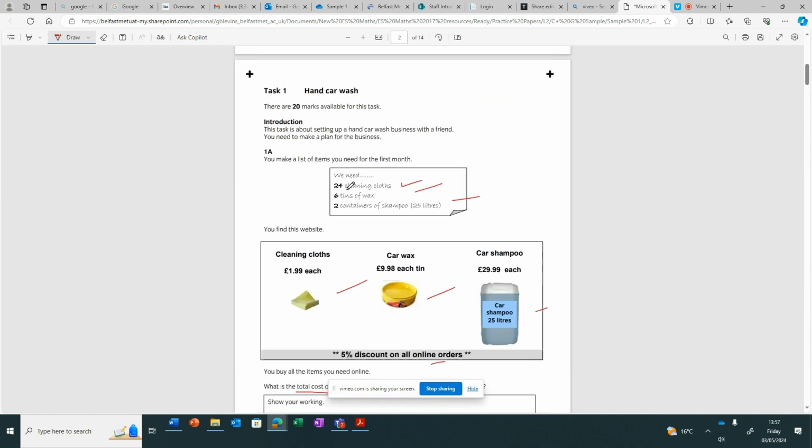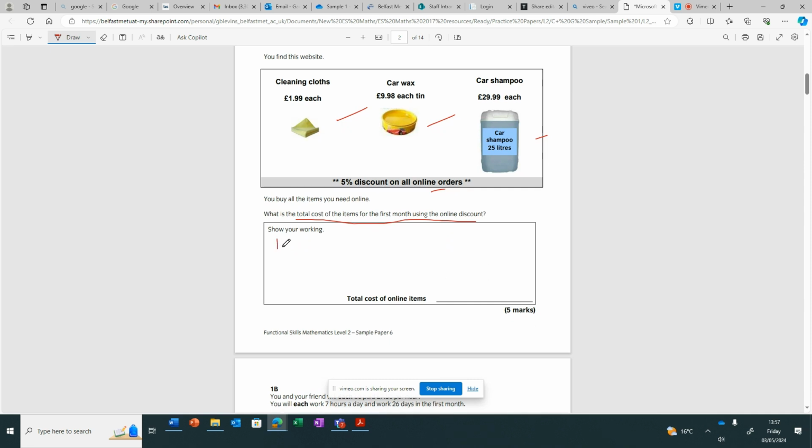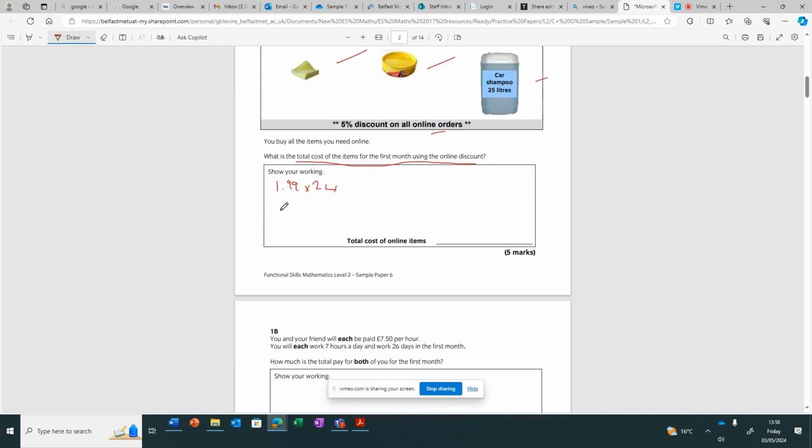Well, we have 24 cleaning cloths and they're £1.99 each. And we have car wax. We've got 6 tins of car wax at £2.98.